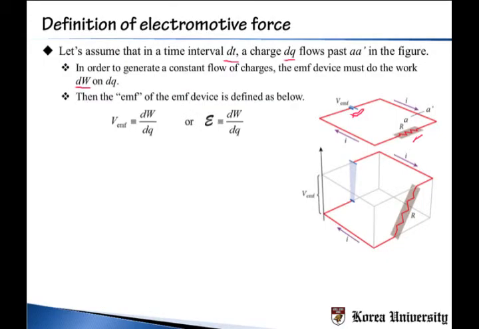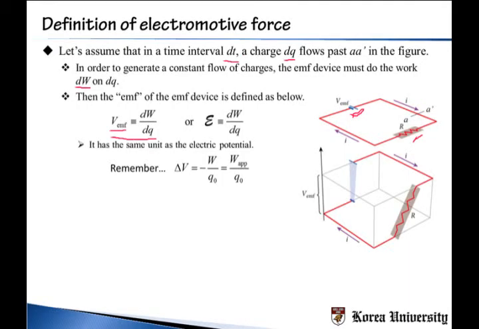And then here we define the EMF of this EMF device as shown here. So we divide the amount of work done by the amount of charge flowing. So dW divided by dQ will be the EMF of this device, and we use the symbol V sub EMF, okay? And then the reason why we use V is we already said it is in fact an electric potential.